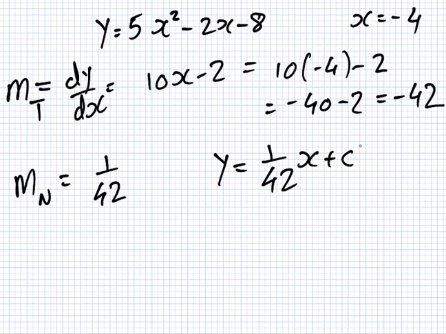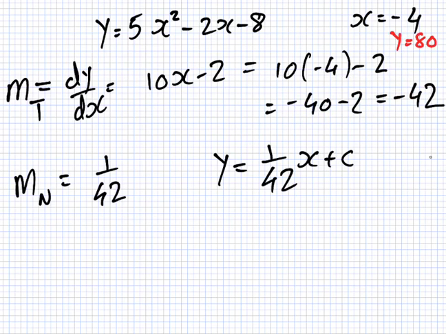We don't know the y, but that's okay, because we have a formula to tell us what the y is if we know the x. So I just need to put minus 4 into the original, and I can get the y. So 5 times minus 4 squared minus 2 times minus 4 minus 8. So it turns out that y will equal 80.